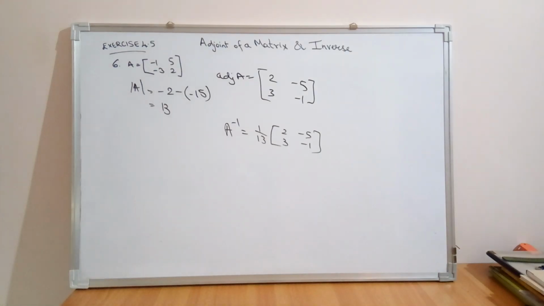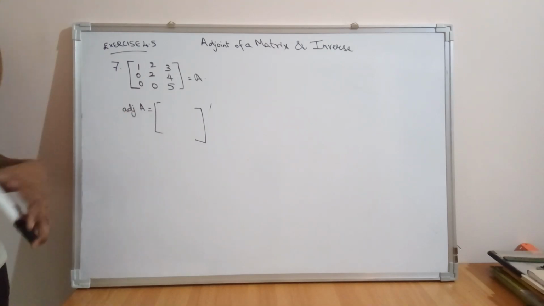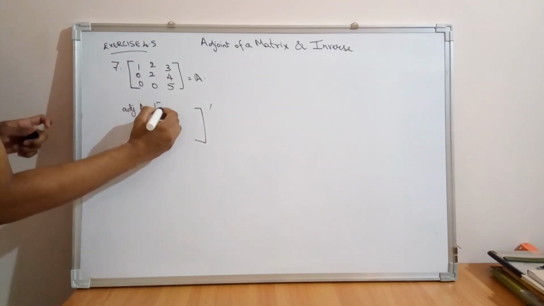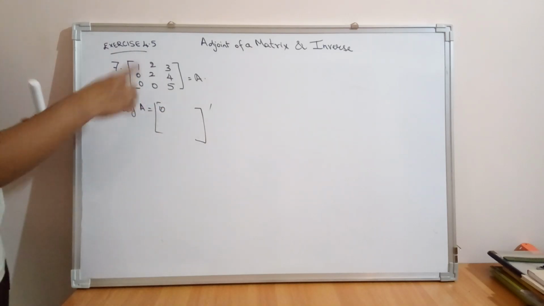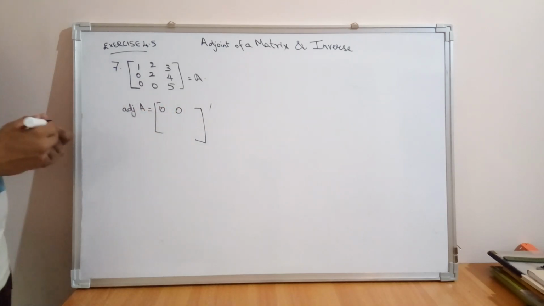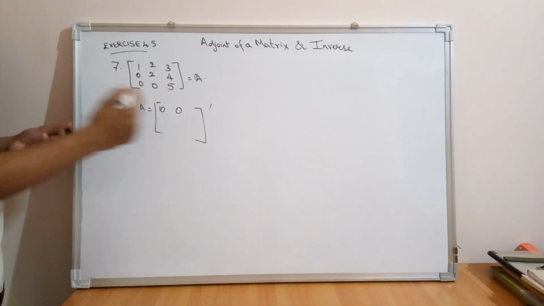Moving on to the 7th question now. Okay, now we have the 7th question. Here first of all we need to find the adjoint. So I put the transpose symbol first itself so that I can't forget that. So it is 10 here. Then we have 0 into 0, again 0 here. Then you have 0, 0, 0, everything 0 here.